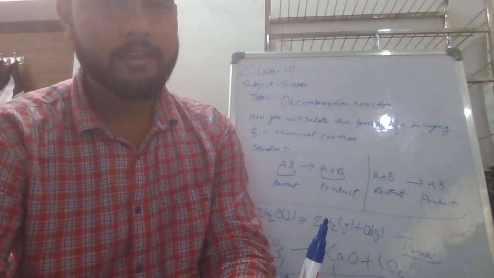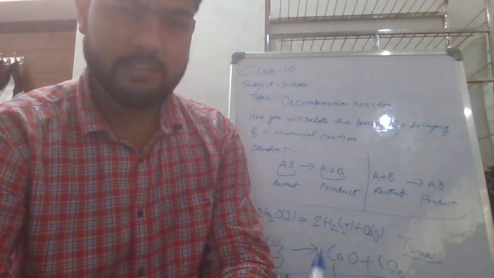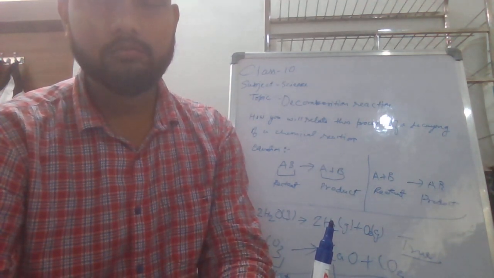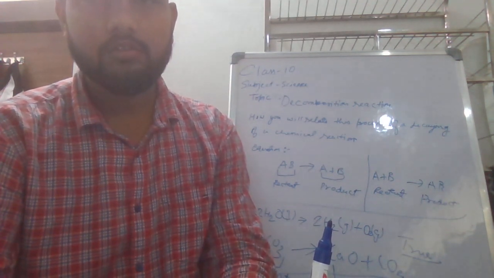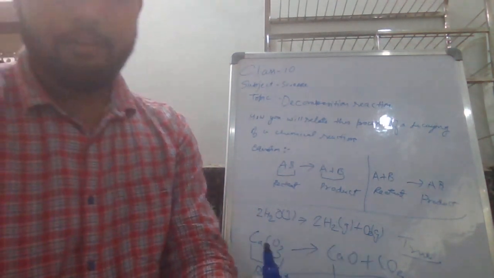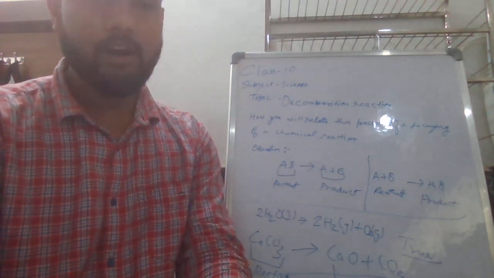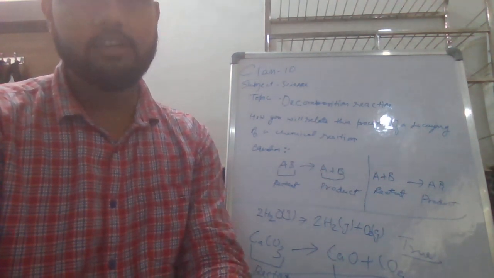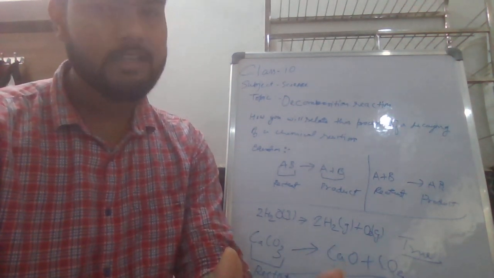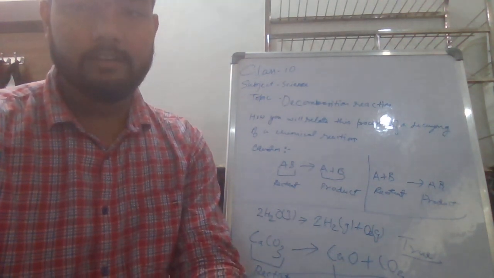Tell me, students, the definition of thermal decomposition reaction in your own words. So what is a thermal decomposition reaction? It is a chemical reaction where a single substance breaks into two or more simple substances when heated.